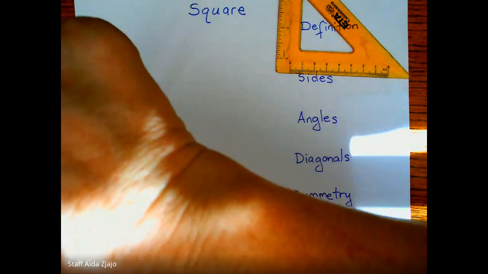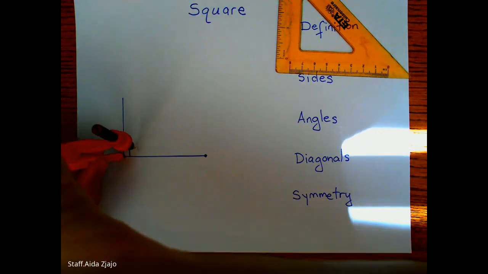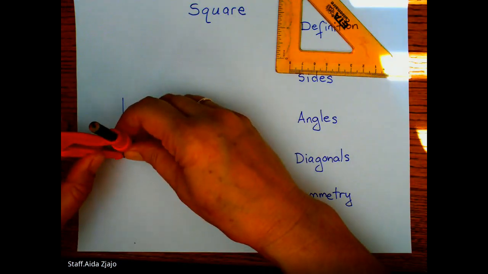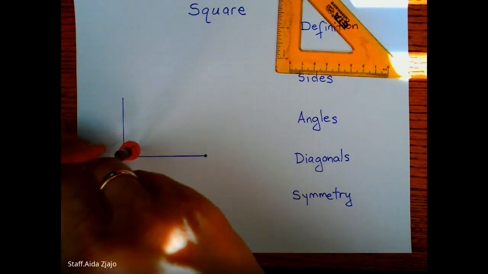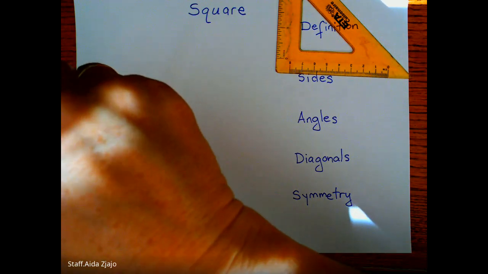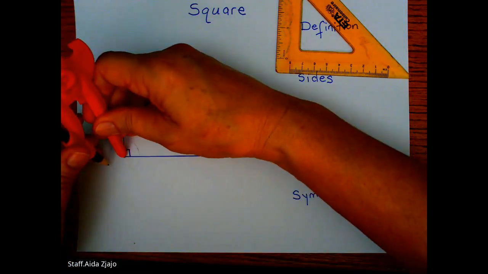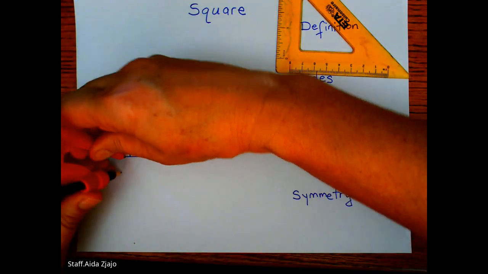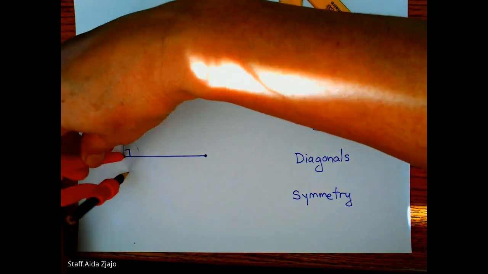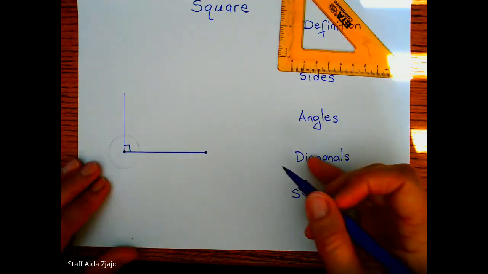You can see that my right angle lives in a circle, and it actually cuts the circle in four equivalent parts, so this part is 1/4 of my circle.